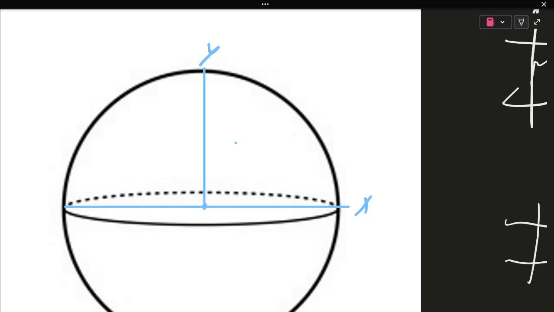Now let's think about the qualities of a sphere. From the center point of the sphere out to anywhere on the sphere, the radius is going to be equal to r. And this r is not going to be the distance to our axis of rotation.